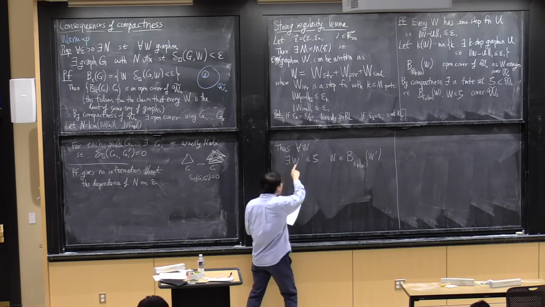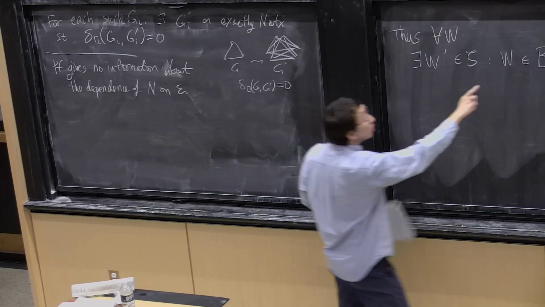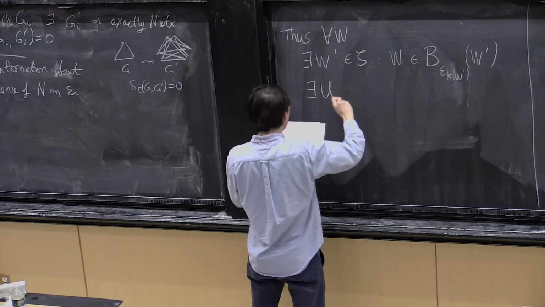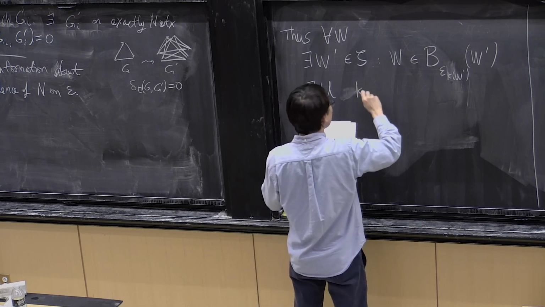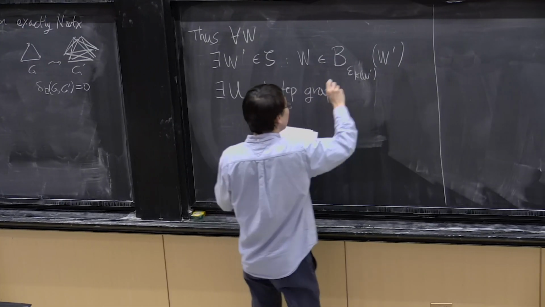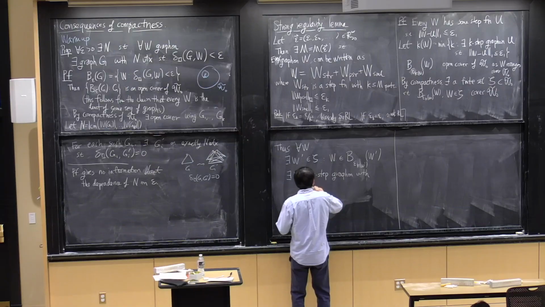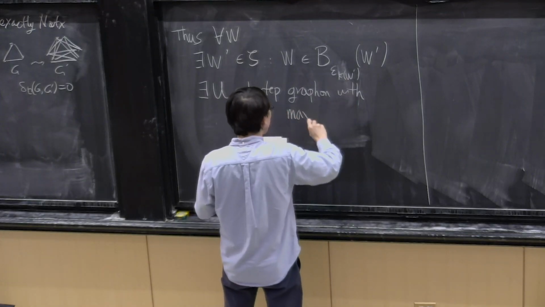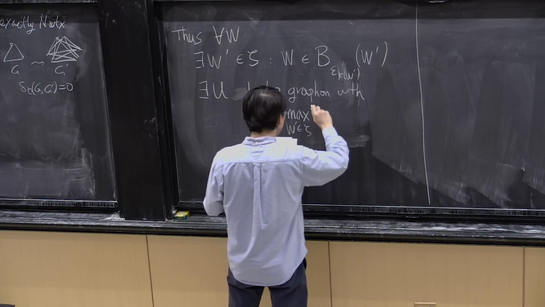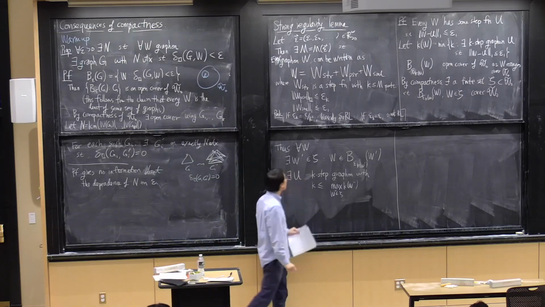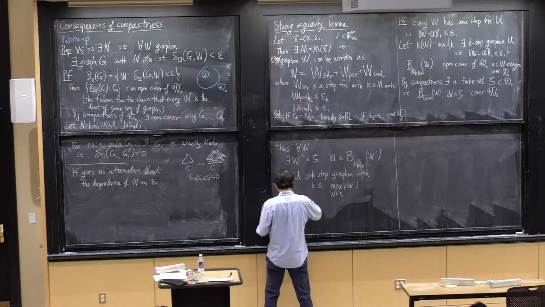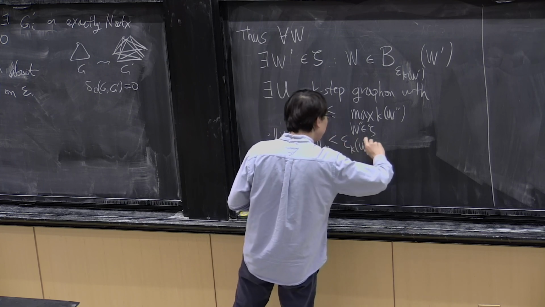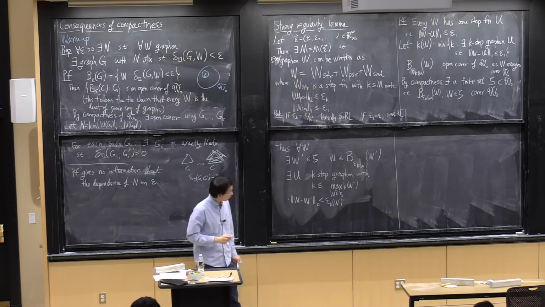Given this W prime, because of this definition over here, there exists a U which is a k-step graphon, with k at most the maximum over all such possible numbers of steps, such that W and W prime are close in cut norm because you have this open cover.